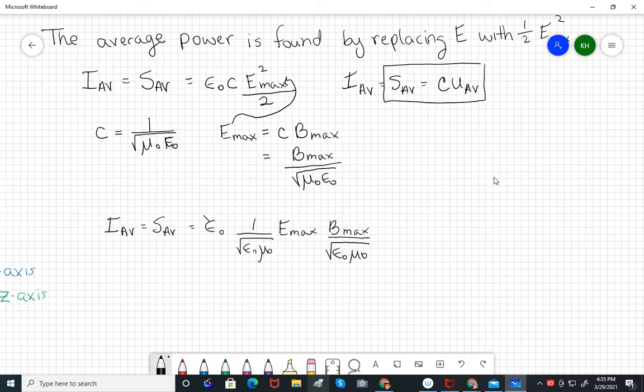All right, notice the product of those two will cancel, and we get that the average, there's the 2, there should still be the 2, so the average is just E max B max over 2 mu naught.